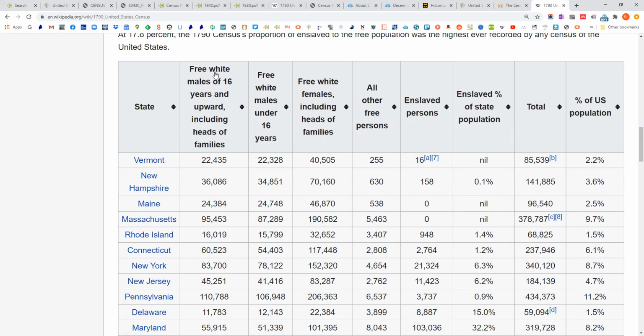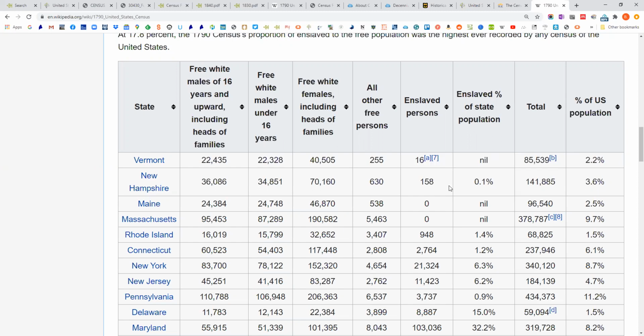You had free white males 16 years and up, free white males under 16, free white females, including the heads of the family, all other free persons, enslaved persons, the percent of the population that was enslaved, the total, and then the percentage of the US population. So you can see there are disputes about this 16 for Vermont, and that's why there are footnotes.